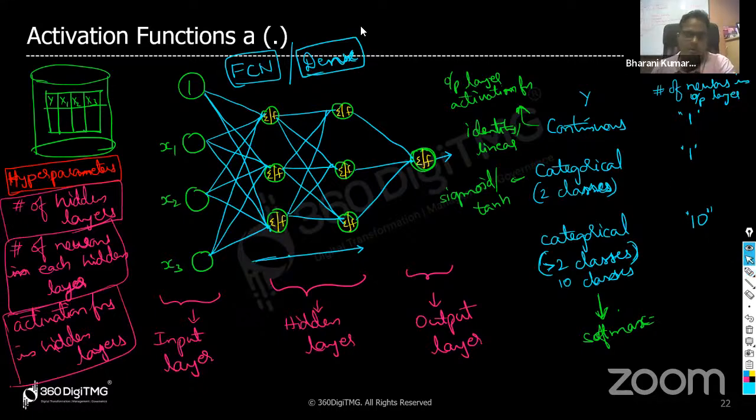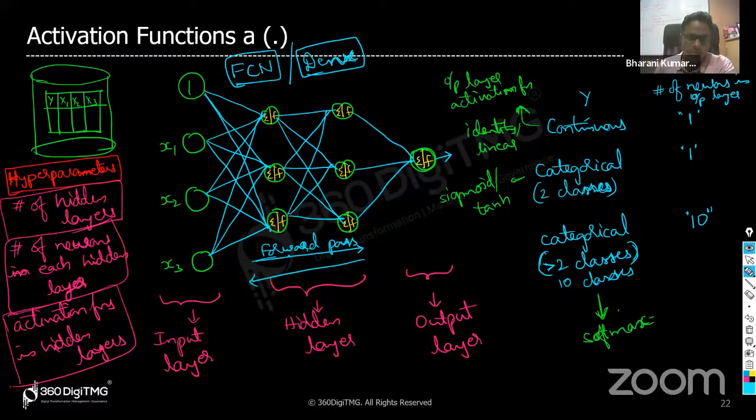A dense network or fully connected network would mean every neuron is connected to every other neuron in the forward pass. This is called the forward pass.